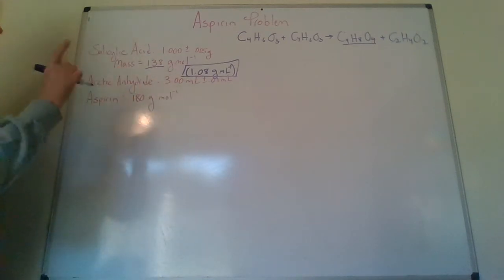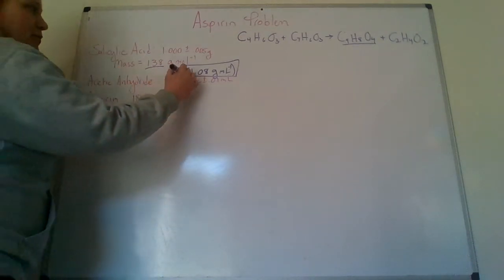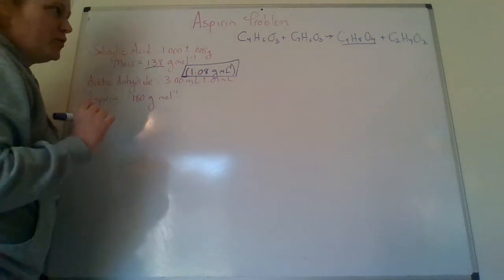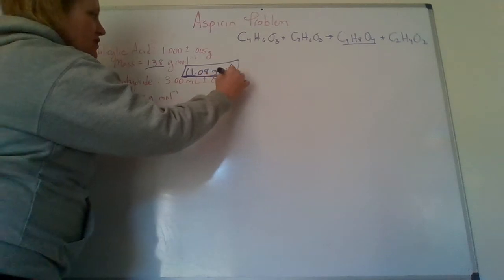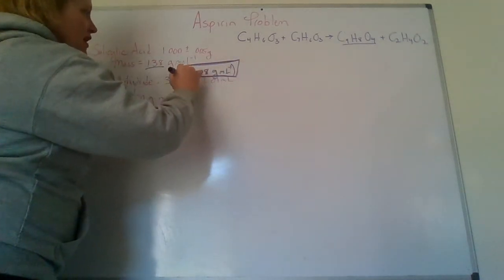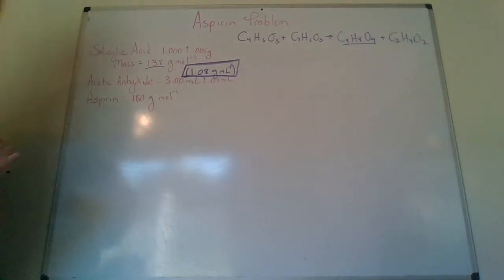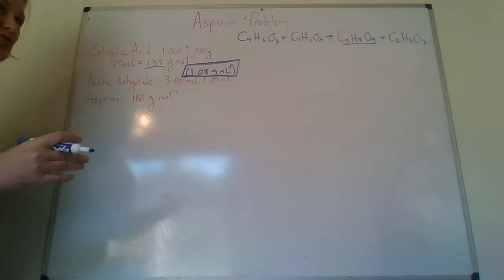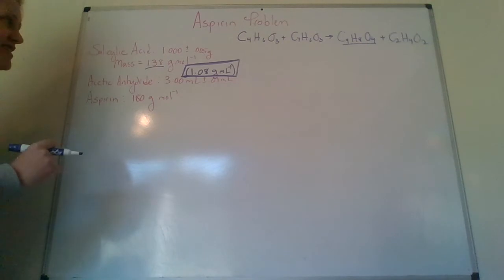Acetic anhydride. This is where people got tripped up. Acetic anhydride is not a gas, it's a liquid. And I gave you this hint here that you've got a density. So if you used 22.7 grams per mole, you were thinking that you had a gas, but you didn't.